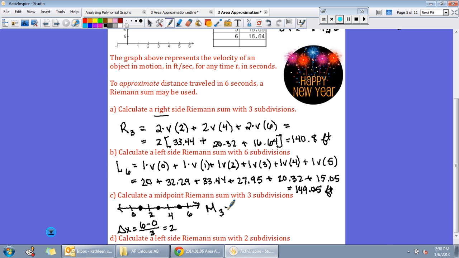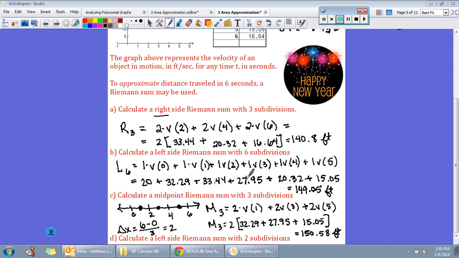So M3 is going to have the delta x of 2 times the velocity at 1, plus 2 times the velocity at 3, plus 2 times the velocity at 5. After you plug in each one of those velocities and multiply by 2, your distance traveled is 150 feet.